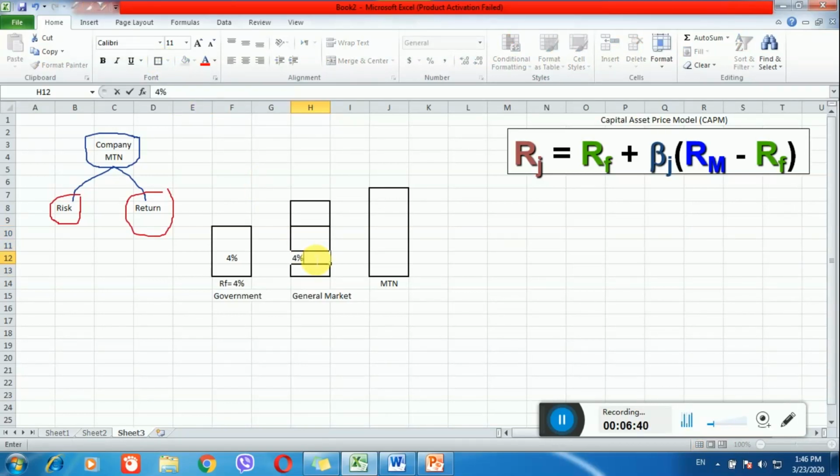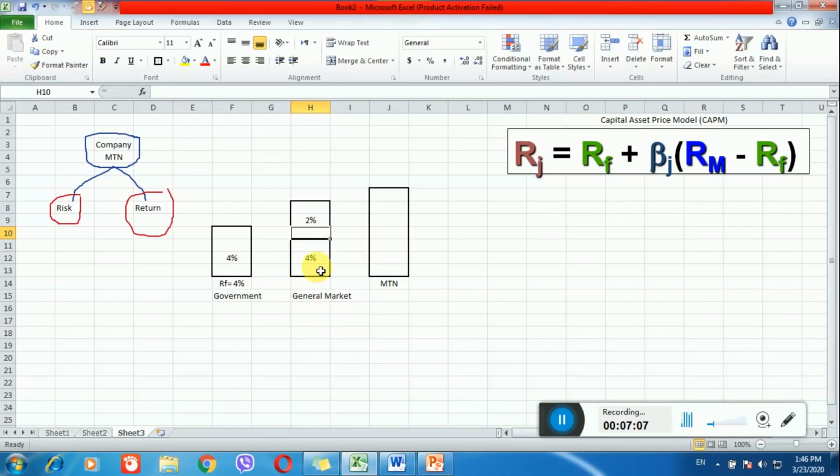Because this general market is competing with the central bank, which is giving you 4% return also. But keep in mind, the general market is telling you that we are giving you 2% extra. How much? 2% extra, meaning 4% plus 2%. The reason behind why?